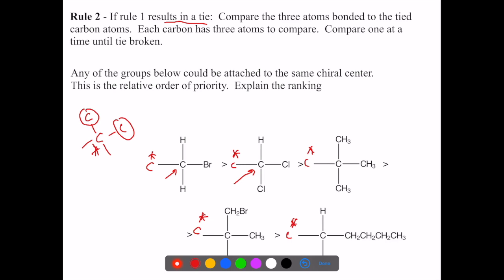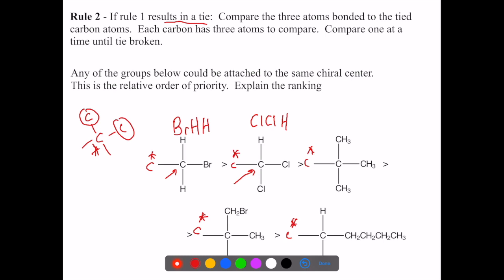What is the best that the first one has? It's a bromine. What's the second best? H and then H. Now the next one, what's the best that it has? Chlorine. And then second best is chlorine. And the third best is hydrogen.